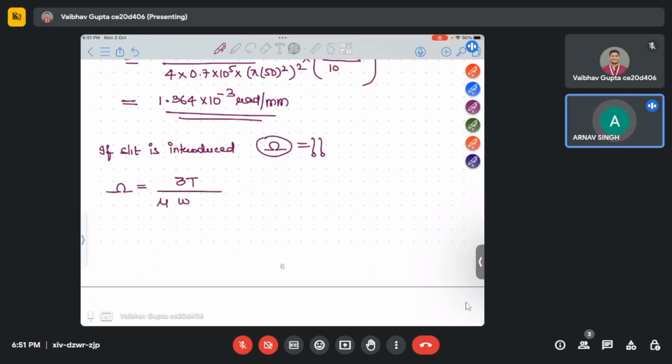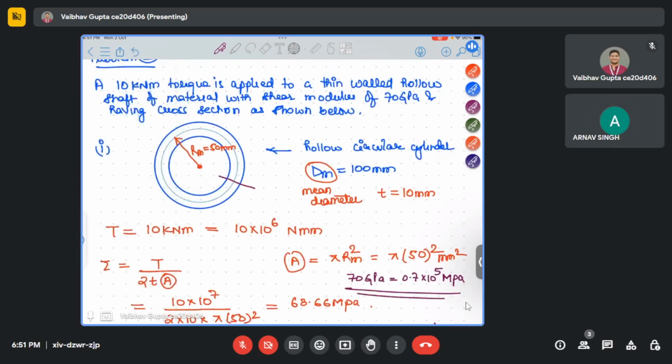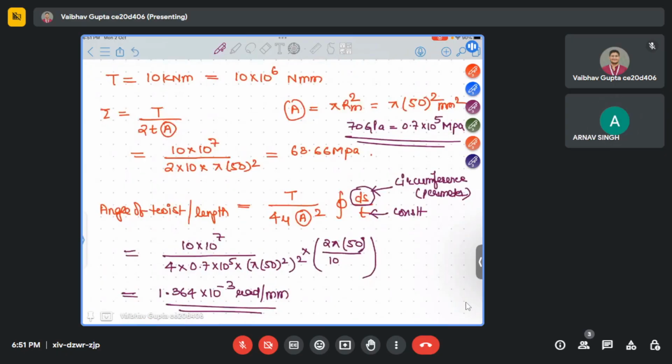See, initially the cross section is given to us without any slit. The full cross section is there, but it is a thin wall section. So we calculated shear stress and angle of twist per unit length with the help of the formulas, as shown here.